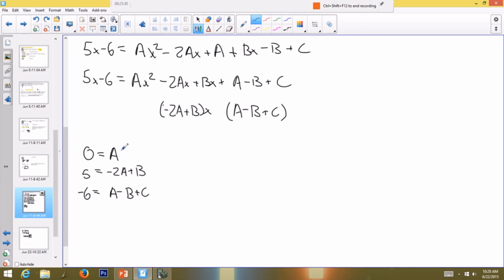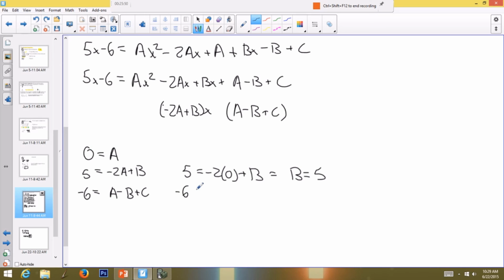So I'm just going to work my way down. Since I know what a equals, I can go 5 equals negative 2 times 0 plus b. So b has to equal 5. And then I can come down here and plug in what I know. I know that a is 0. I know that b is 5.